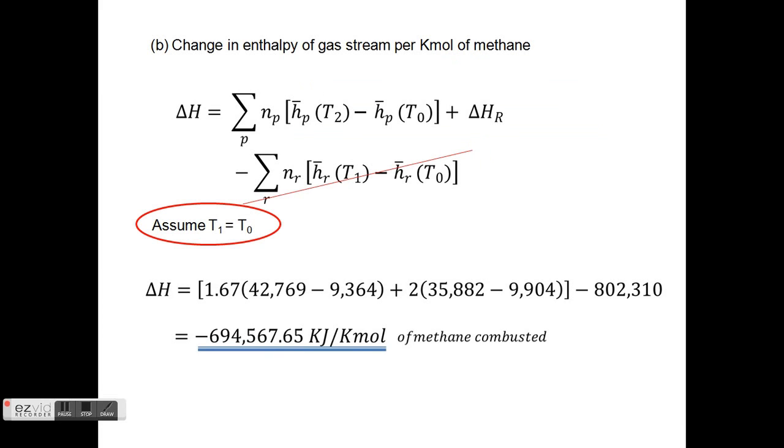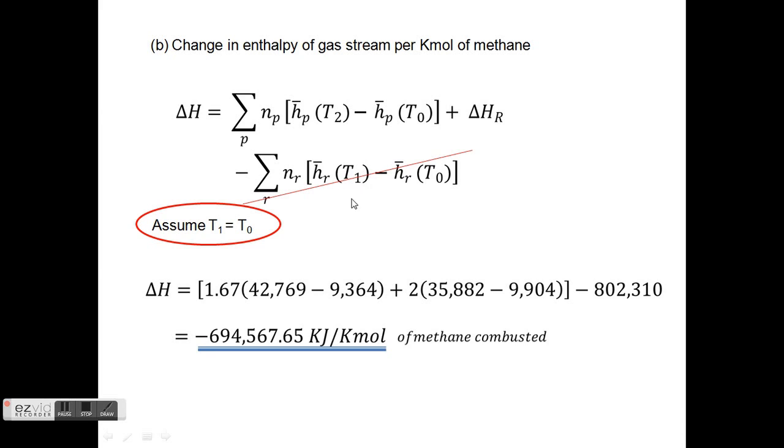Anyway, let's move on. Calculating the change in enthalpy, we have this formula with which we'll find the differences in the enthalpy at the different temperatures. T2 minus the reference temperature, which is usually taken as the temperature at standard conditions, and then we have T1.